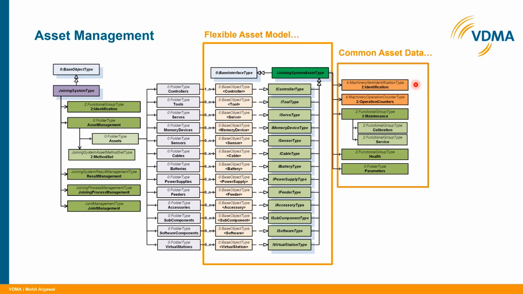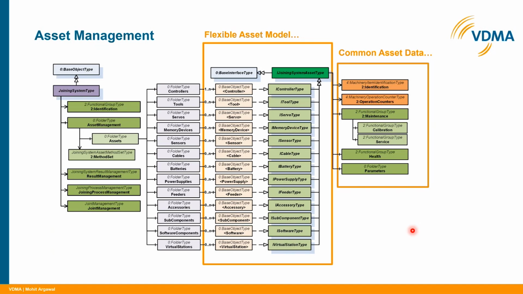Each asset will have common information like identification and operation counters. And these are completely reused from the machinery building blocks specification. And then the asset can have maintenance information, health information, and so on. In future, if parent specifications are extended and new use cases are handled, we just have to link existing asset models. So with that, it will not be a breaking change.